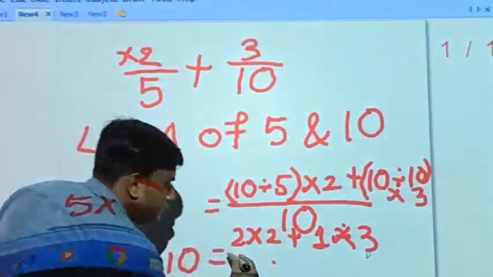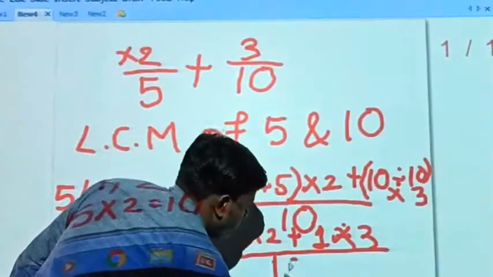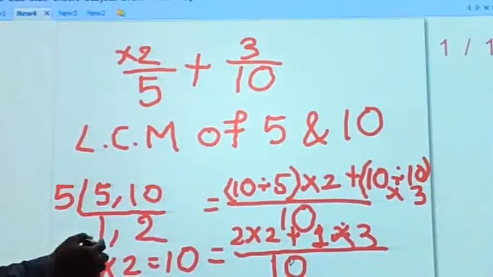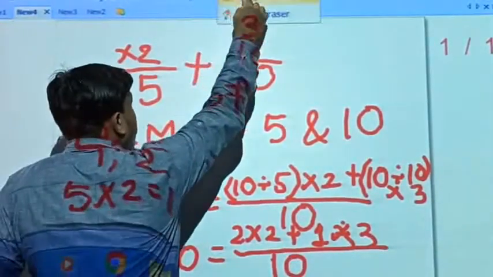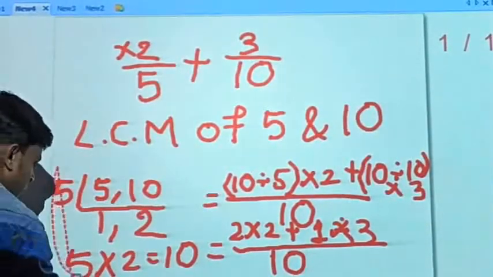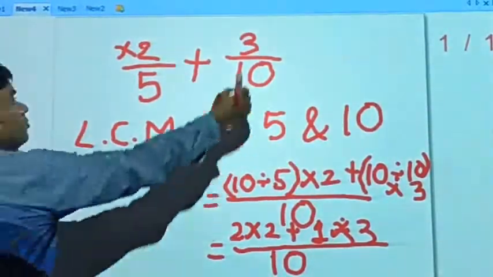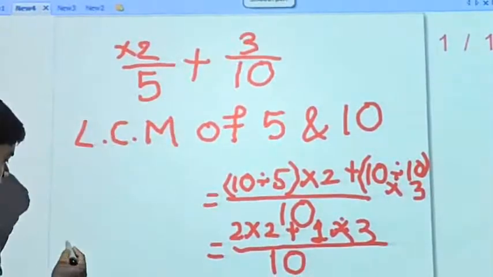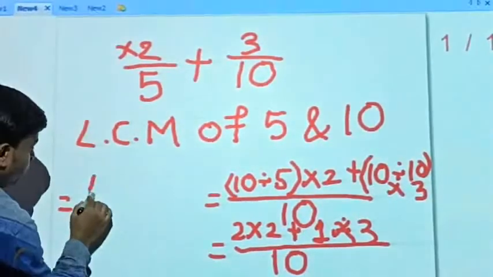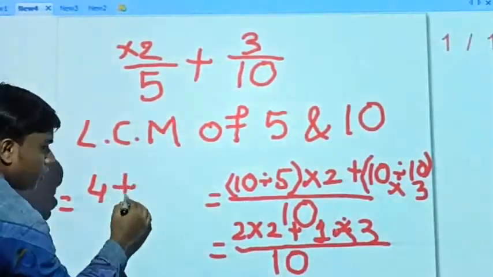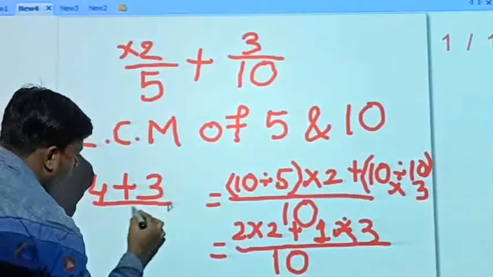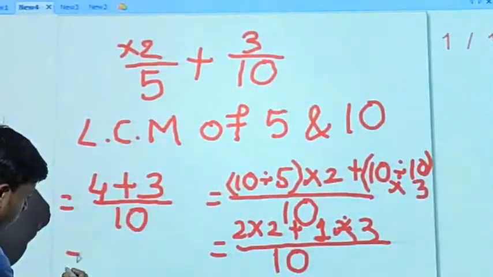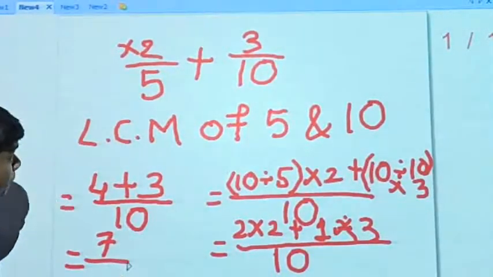Over 10. So it is equal to 2 into 2, 4, plus 3 into 1, 3, by 10, is equal to 7 by 10.